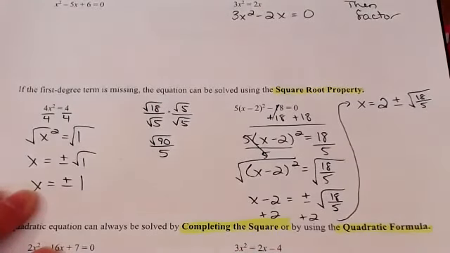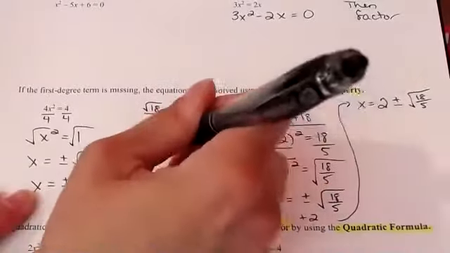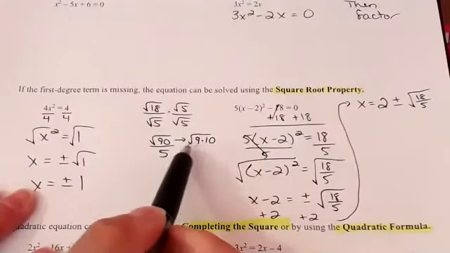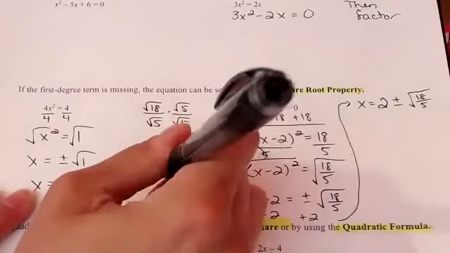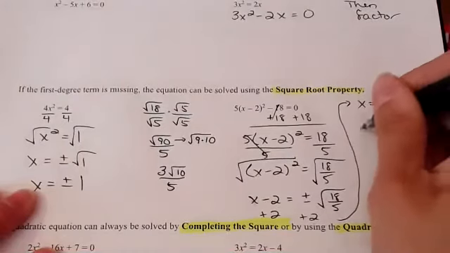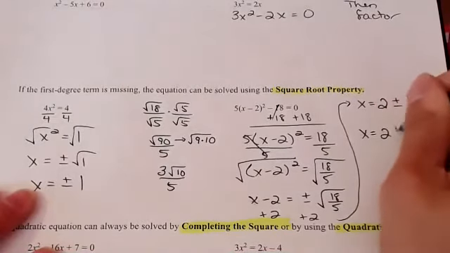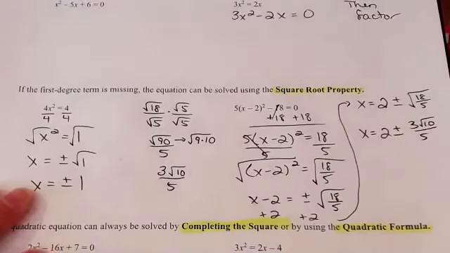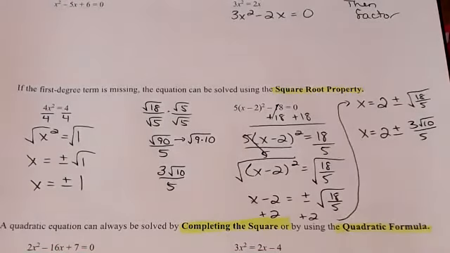Then, of course, square root of 90 can be broken down: 9 times 10. Square root of 9 is 3 because 9 is a perfect square. So that gives me 3 square roots of 10 over 5. So my final official answer should be 2 plus or minus 3 square roots of 10 over 5. That's how you would rationalize.